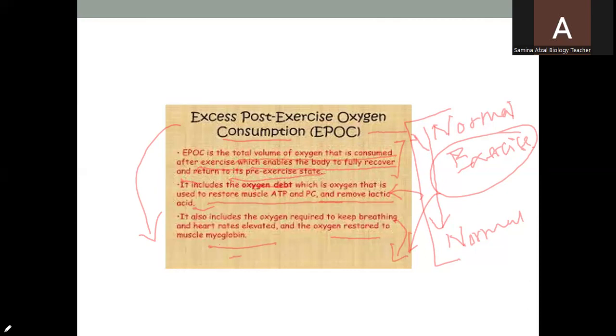So it means all body functions regarding inhaling of oxygen take place with the help of this.